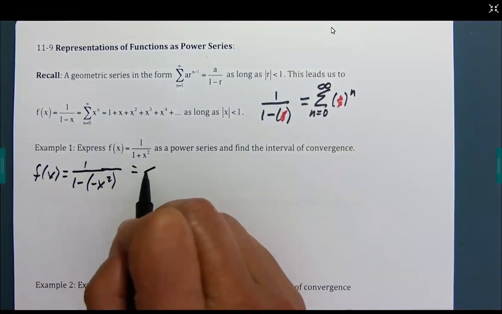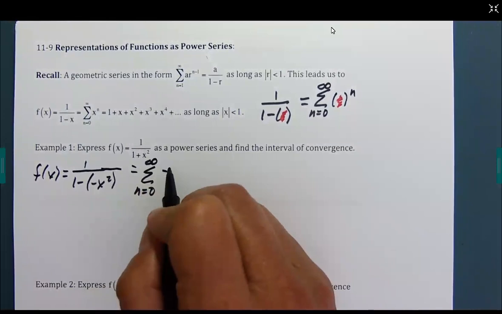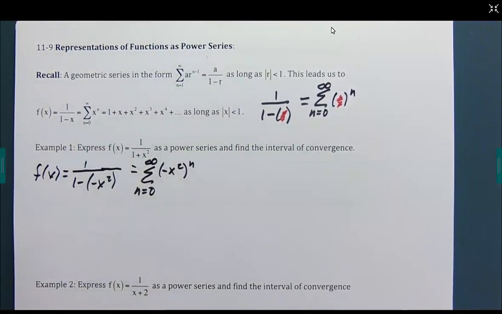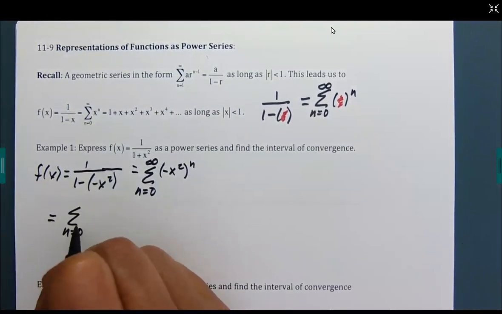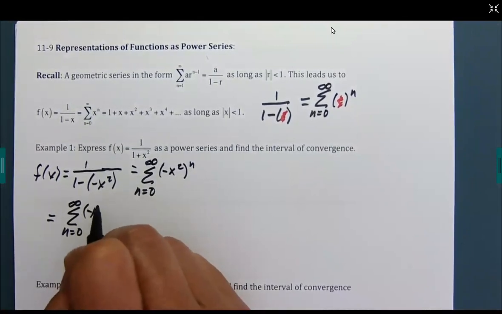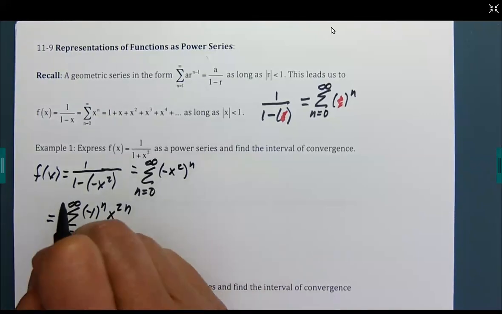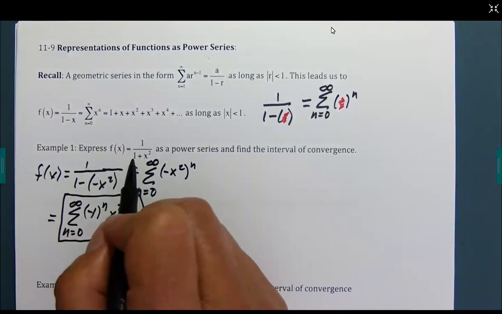So this becomes a summation of -x squared to the n. I'm going to write that a little bit more clearly: take the -1 there and make it its own thing, and then we have x to the 2n power. So this is a polynomial version of that.